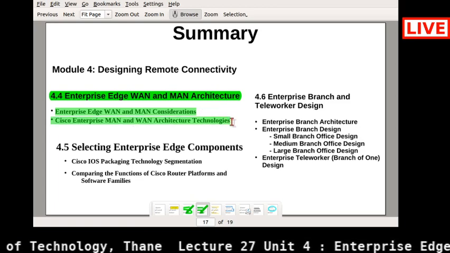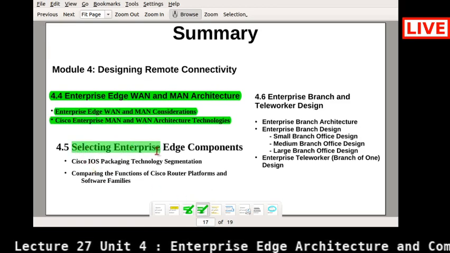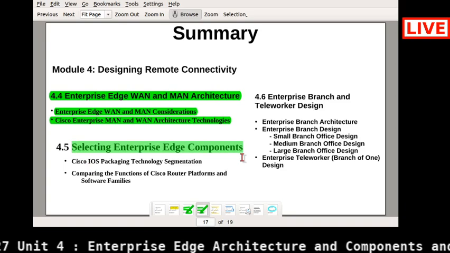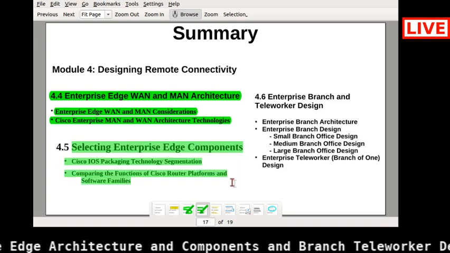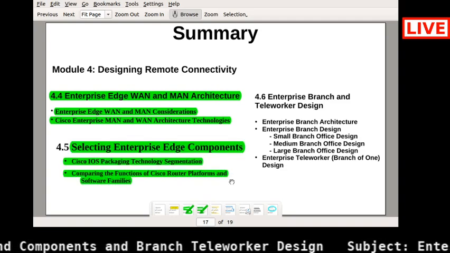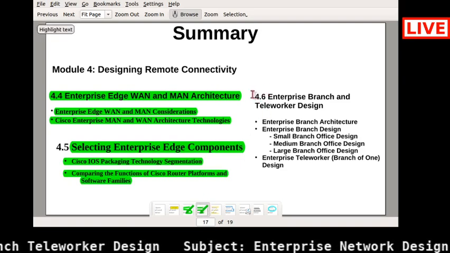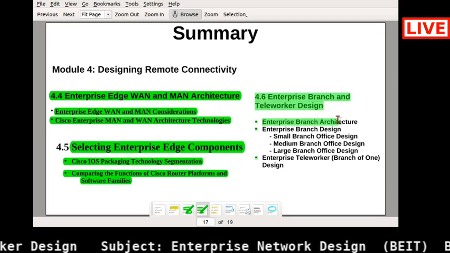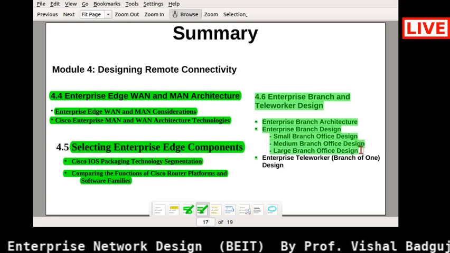Then we have some enterprise edge components, the logical segments, and we also compared their routing functionalities and versions of IOS and all that. Also we have discussed enterprise edge branch and teleworker design: small branch office, medium branch office, and large branch office.